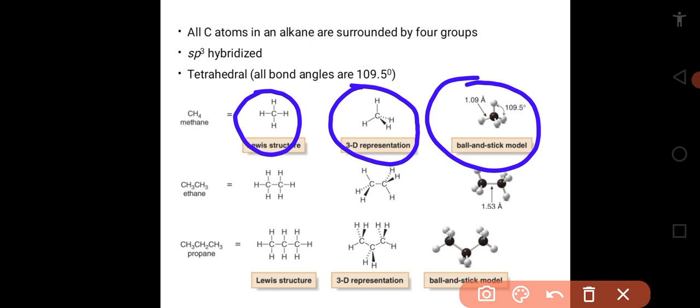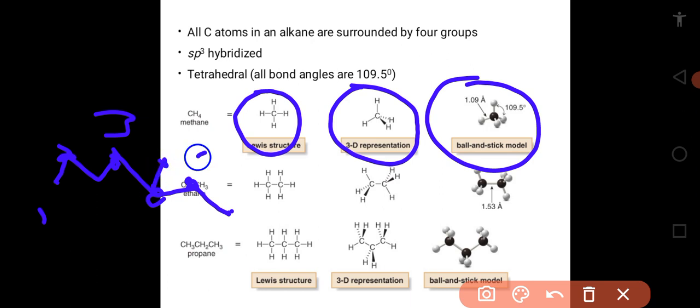How does the skeletal structure look? It is something like this. It means that at all these points you have a carbon: here, here, here, here, and here. So this is the skeletal structure. How many carbons do we have? 1, 2 here, then 3, 4, 5, 6.